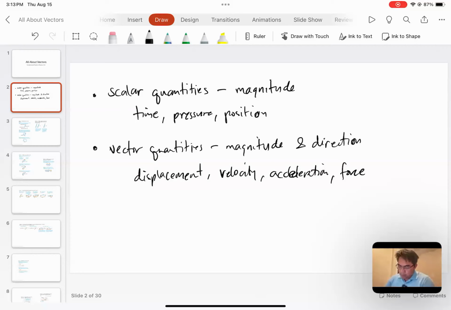Okay, so ang focus natin ngayong araw is to learn about how to mathematically handle itong mga vector quantities. Okay, so ang pag-aaralan natin ay vector mathematics.